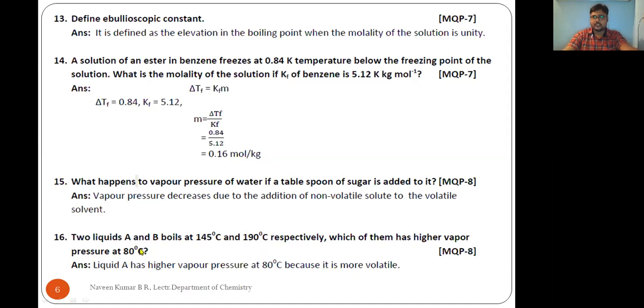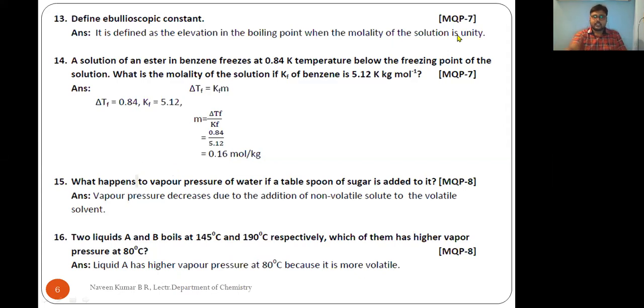But as liquid A is more volatile than liquid B, its vapor pressure will be higher at 80 degrees Celsius. I will repeat, try to understand clearly. As the liquid A boiling point is less, it is more volatile compared to liquid B. As a result, at 80 degrees Celsius, this more volatile liquid A will have more vapor pressure.